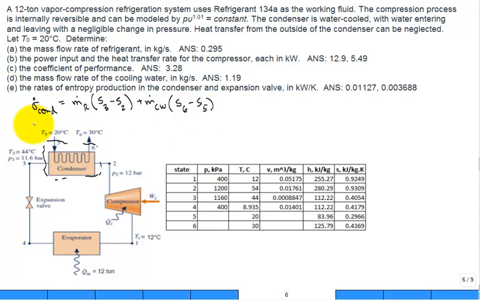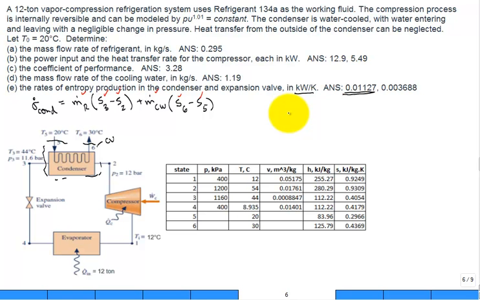Now, you may take a few steps to get this, but it's the second law for this control volume. There's no stray heat transfer with the surroundings, so no Q dot divided by TB. And there you go. So we have the S2 and 3 and 6 and 5 and the mass flow rates calculated. And this is the rate of entropy production in that condenser in kilowatts per Kelvin.